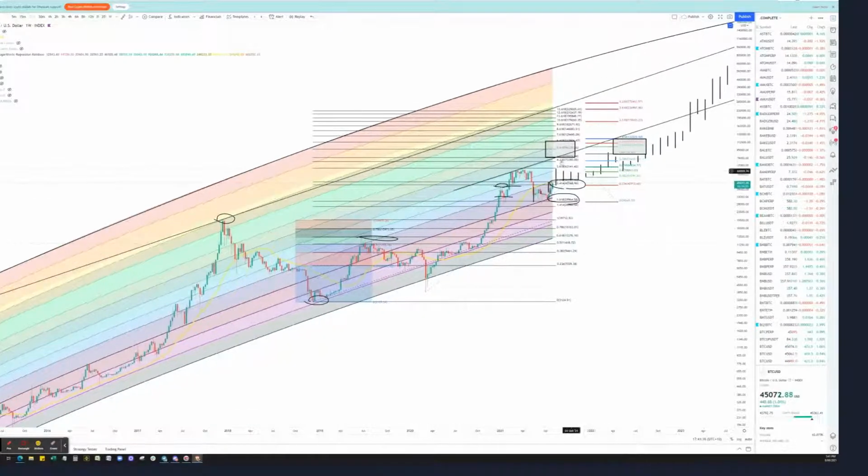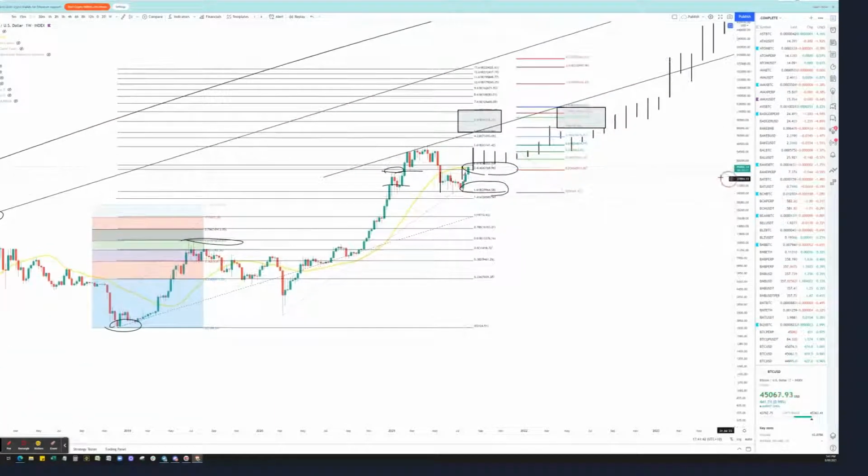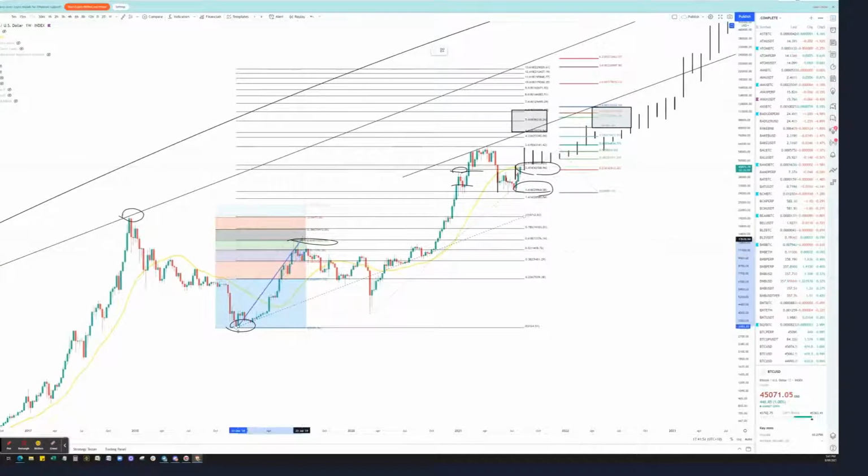So why am I thinking this is the major target for the short term once we break this all-time high? It's because of the Elliott wave. If you're familiar with the Elliott wave, that's our 1, 2, 3. This is looking like 4 and 5. It's unlikely to have 5 so big, that's a wave 3, so we can't have that.